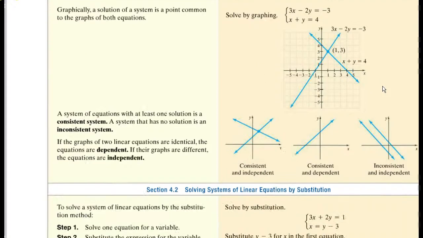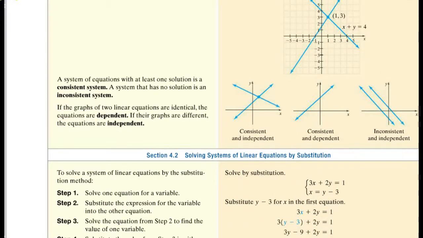And here's where they review the vocabulary with us. And this is something I used in previous videos as well, that if we plot one line, and we get, let's say, this line here, and we plot the other graph and we get this line there, and they intersect, those are called a consistent system, that it has at least one solution.